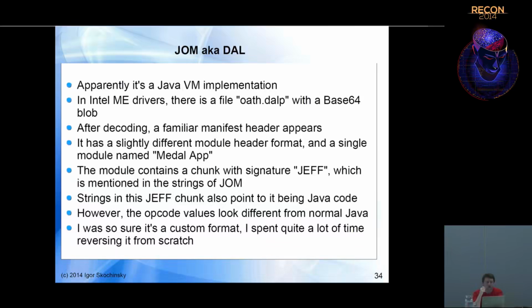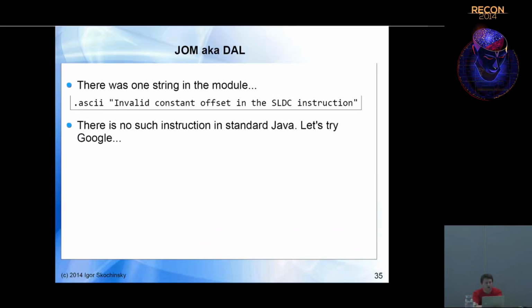I spent quite a lot of time looking at this JOM module to see what the opcodes mean, what it does with each opcode, how it parses this file. It's a pretty complicated file format, so I spent quite a lot of time. I thought it's a custom format because I never heard of anything different from Java class files. However, I came across this interesting string in the module: invalid constant offset in SLDC instruction.